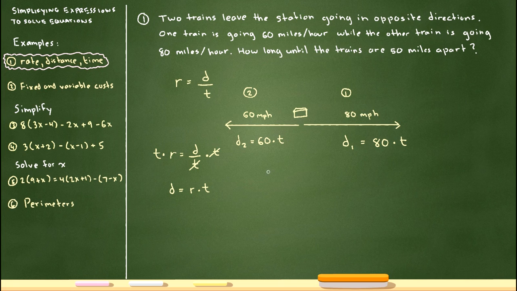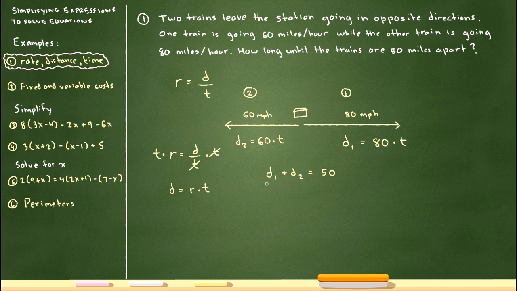Now, we want these two distances, d1 plus d2, to equal 50, right? The distance the first train travels plus the distance the second train traveled is going to be the total distance between these two trains. So d1 plus d2 should be 50.